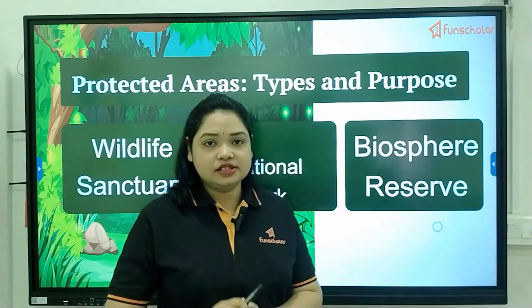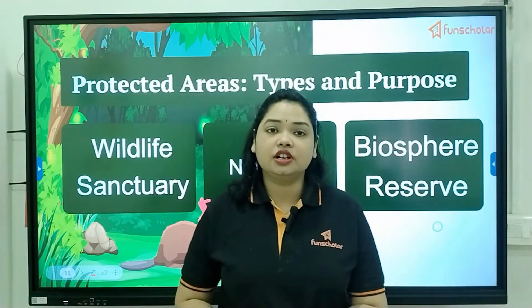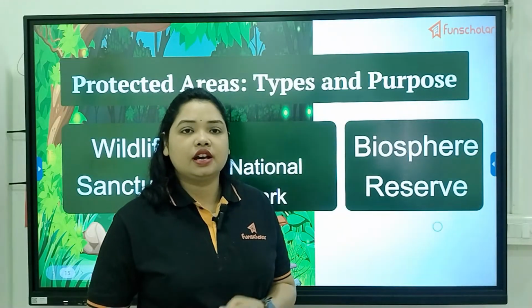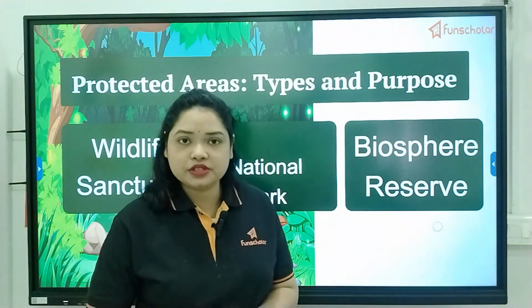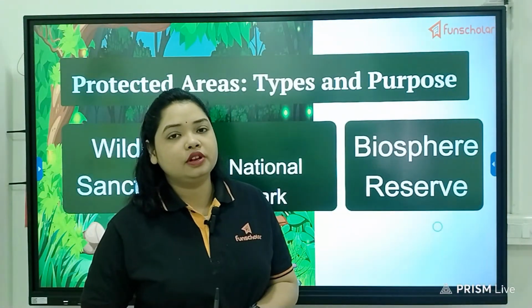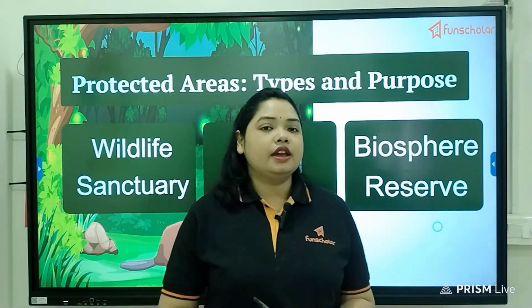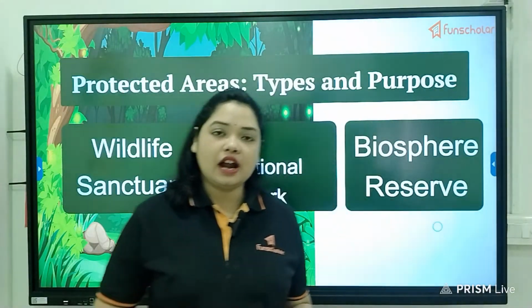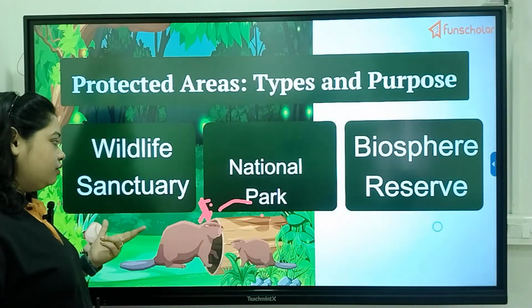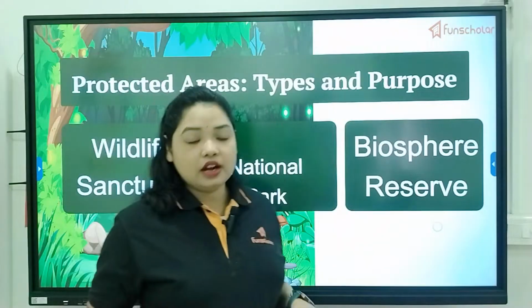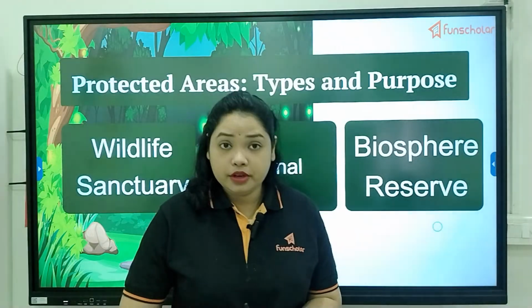And then we have the transition zone, where sustainable practices such as sustainable agriculture, timber collection, collection of some of the food from the forest or medicinal herbs by the local people, those activities are allowed. Biosphere reserves, in terms of area, are the largest and can include some national parks and wildlife sanctuaries under their zone, and they are also owned by the government only.